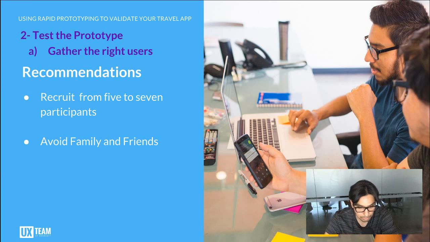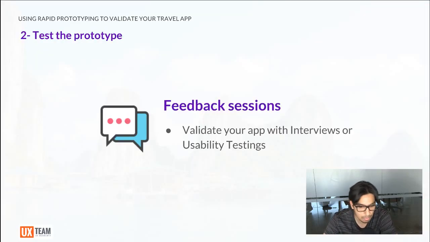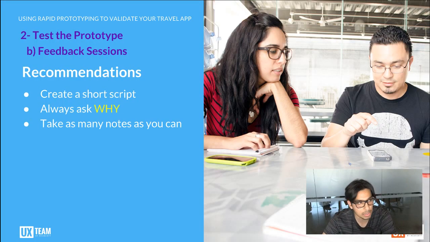And once we have the right users, we're going to move to the feedback sessions. The feedback sessions can vary from interviews to usability testing, and whichever we use, it's very important to create a short script prior to the meeting, because we want to be prepared for what we need to ask, or the tasks that we need to deliver to the user to perform, and always asking why.